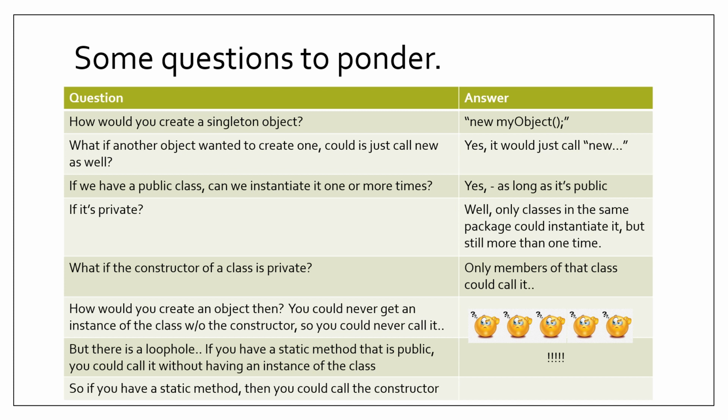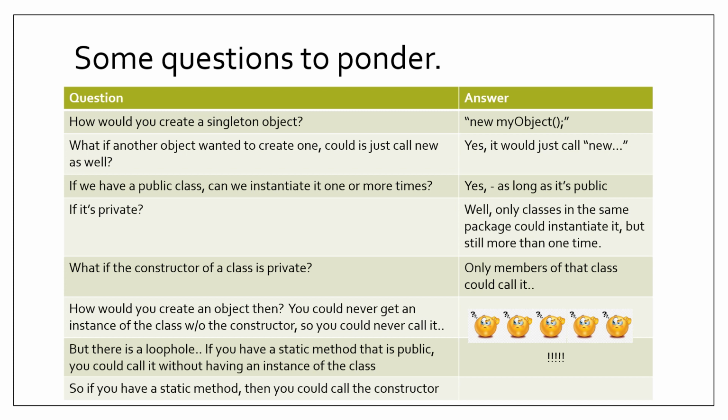And if you had a public constructor in a class, which is the default, most people, until they come across the Singleton class, never even think about the possibility of having a private constructor. That just makes absolutely no sense at all, because why would you create a class with a private constructor? You wouldn't be able to call the constructor when you needed to, and that just seems completely stupid.